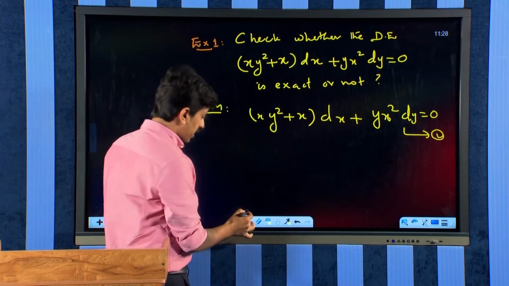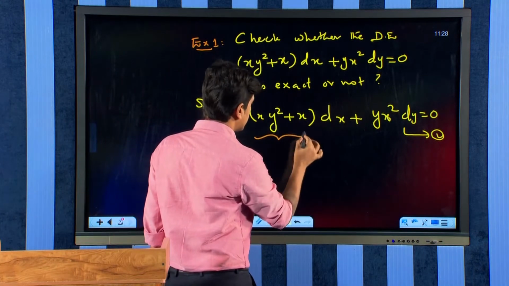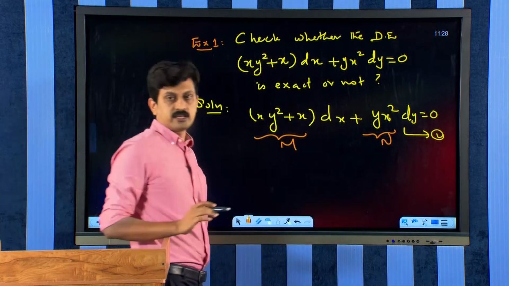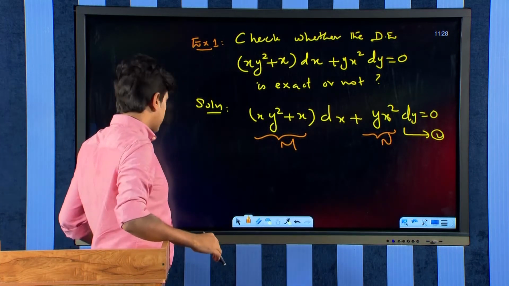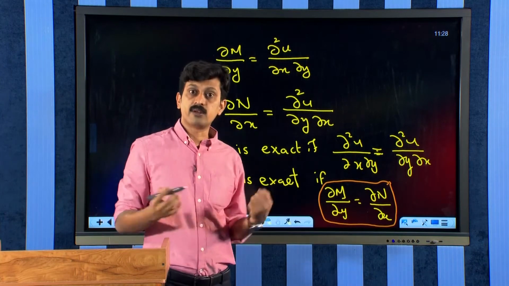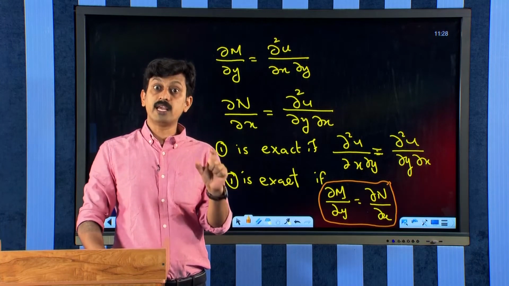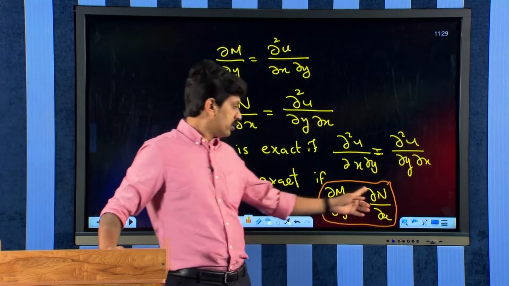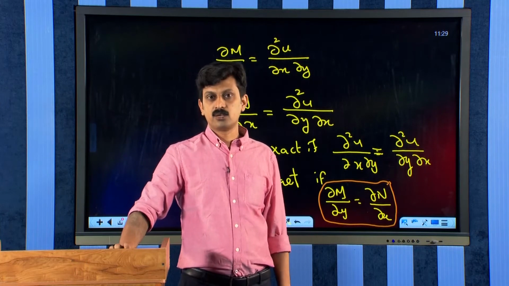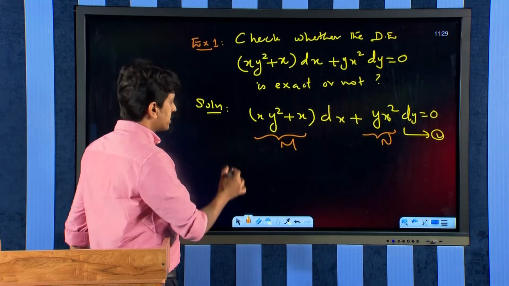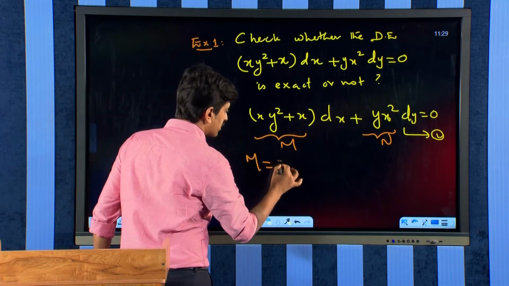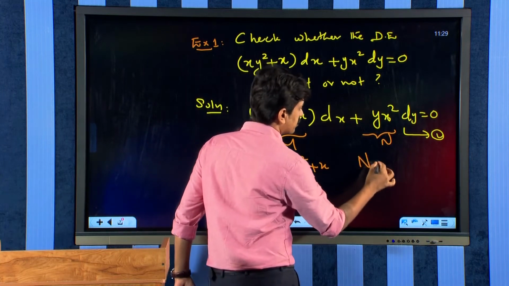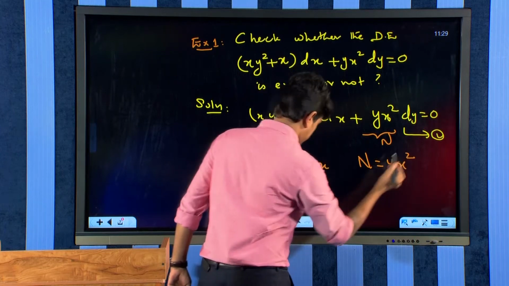From here we can write this is M dx, this is M and this is N. As we said before, the given differential equation is of the form M dx + N dy = 0, and it is exact if ∂M/∂y = ∂N/∂x. Here we have M = xy² + x and N = yx².